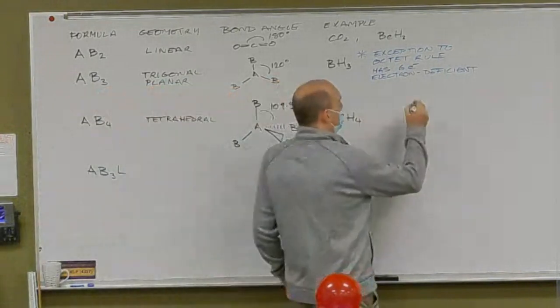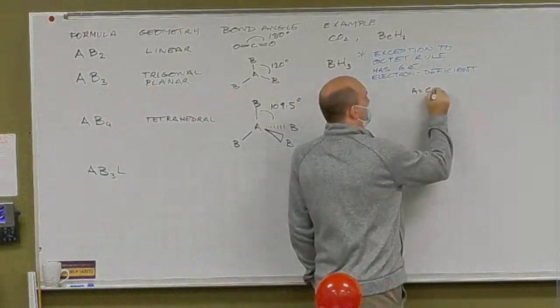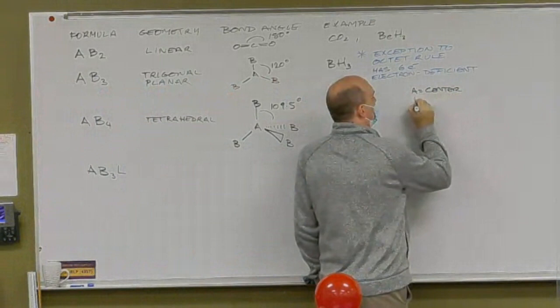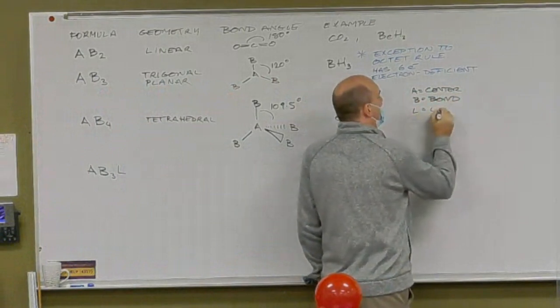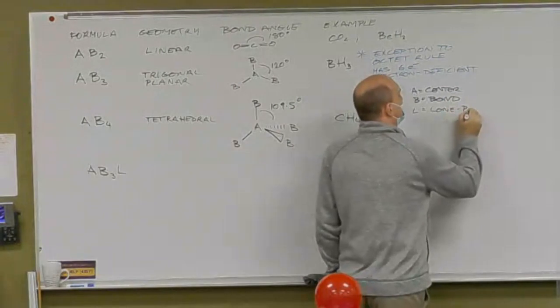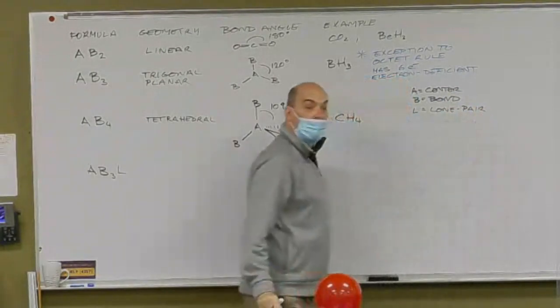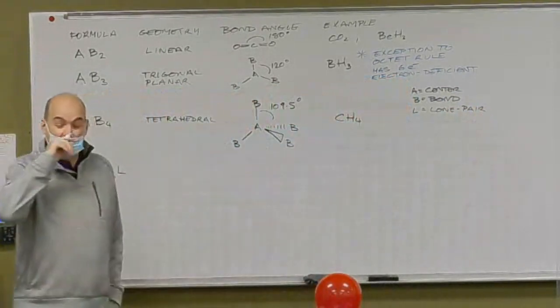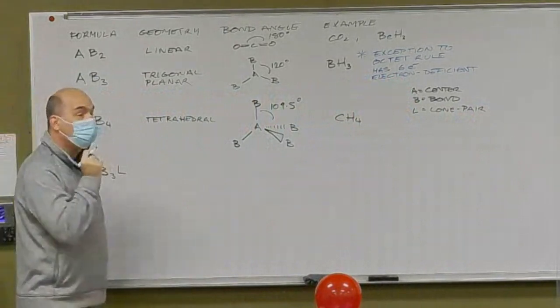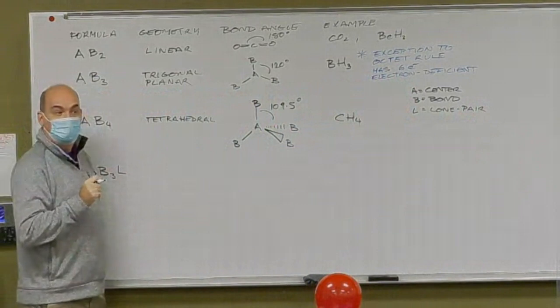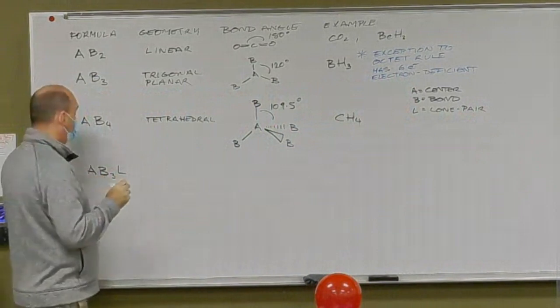So earlier we had a key that said A is the center, B is a bond, L is now a lone pair. There's no bond at the end of it, there's no atom at the end of it, but it is occupying space. And in fact, it's occupying more space than a bond would.